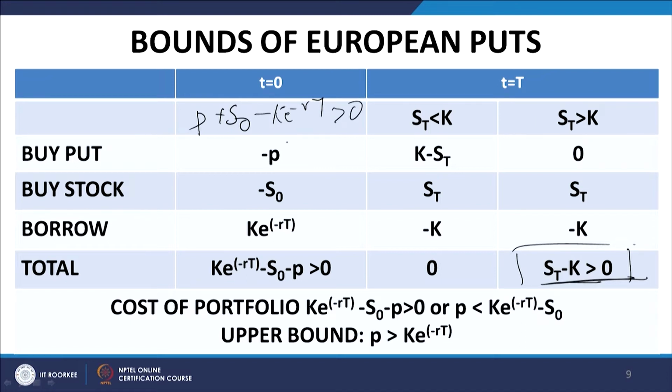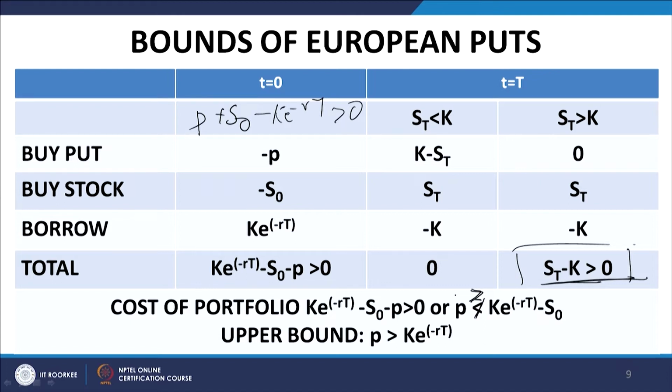Therefore, P has to be greater than K e to the power minus R t minus S naught. We have to be careful about the signs when you work out the cost. The cost has to be positive. So, that is one part of the thing.